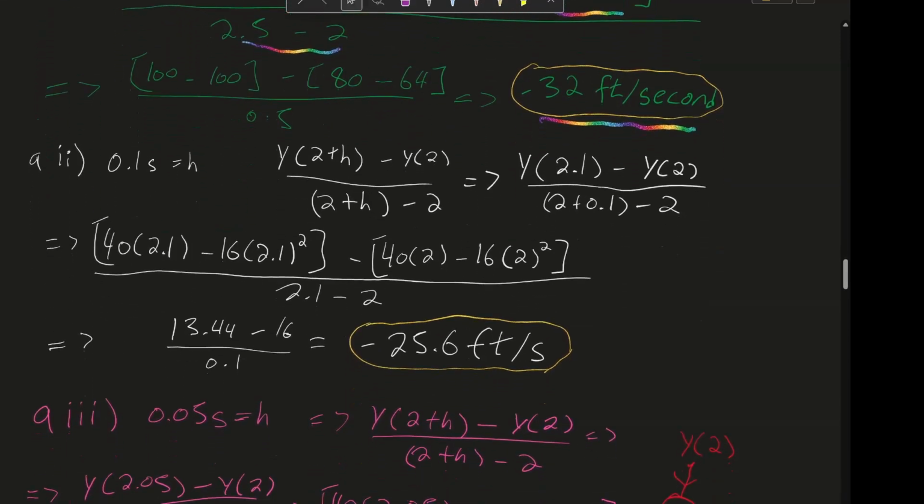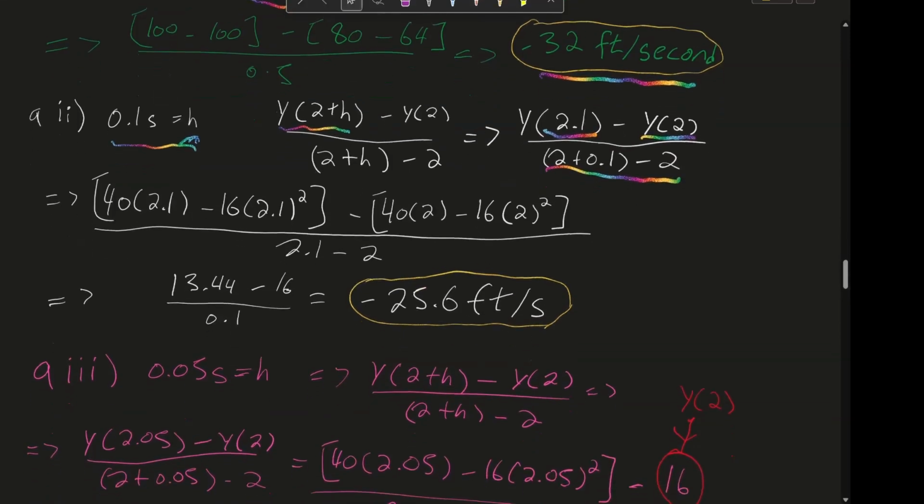Now part 2 is asking for 0.1 seconds. You go about it the same method, starting at 2 seconds and lasting 0.1 seconds. Then you would have your h equal to 0.1, so your y of 2 plus h would be y of 2.1, minus y of 2, over 2.1 minus 2.